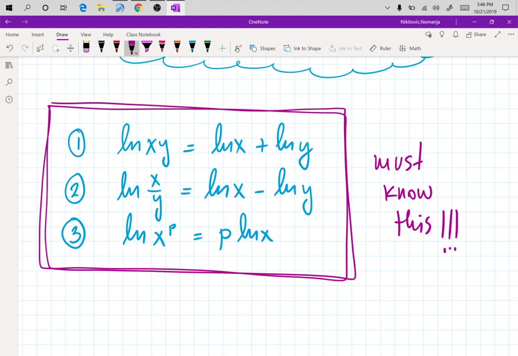Now, before I jump into calculus, since we are still reviewing pre-calc, let's review the use of these formulas.